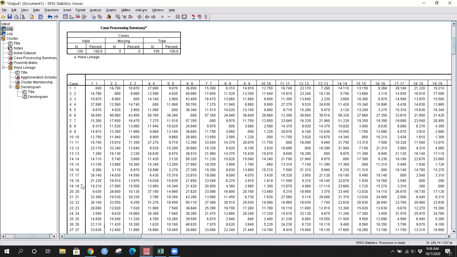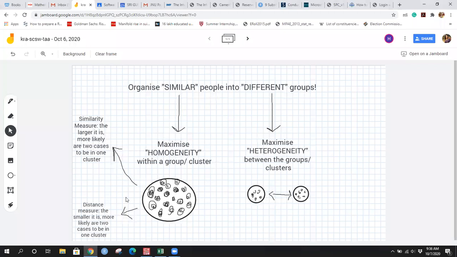So I am going to employ a distance measure for each of my cases. I'm going to take you back to where I dropped. So distance measure: the smaller it is, the more likely two cases are to be in one cluster. Remember.